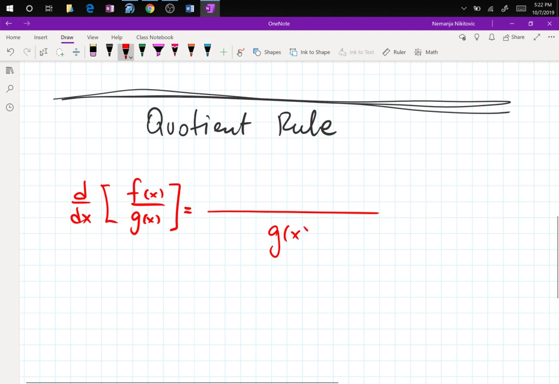We have g of x squared in the denominator, then we have g of x times f prime of x minus f of x times g prime of x. The formula is completely backwards from the product rule. The terms are swapped and there is a minus in between.